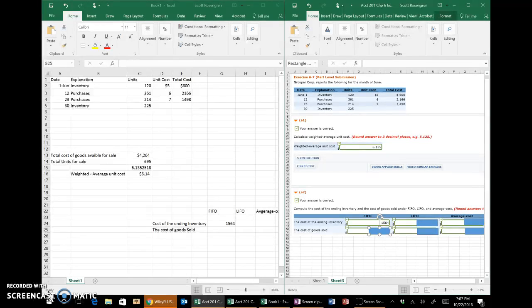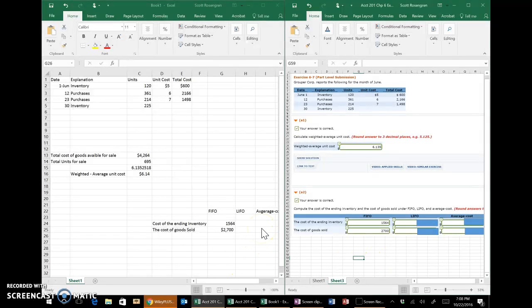The easiest way to calculate cost of goods sold is to take the total cost, which we know is 4,264, and subtract the ending inventory, which is 1,564, and the cost of goods sold would be 2,700. And let's see if we're right. And we are. Let's move on to LIFO.